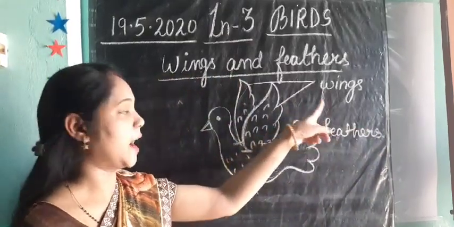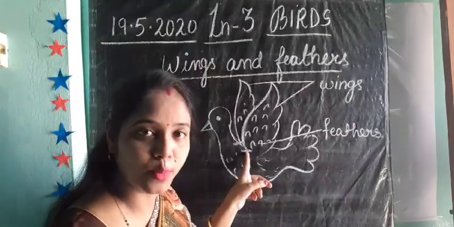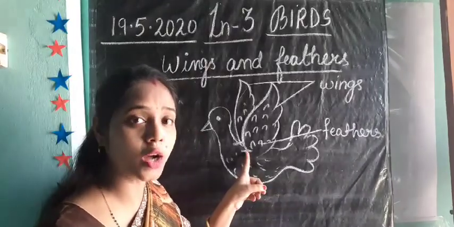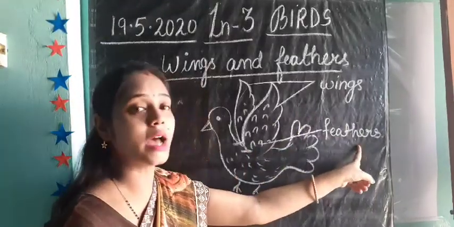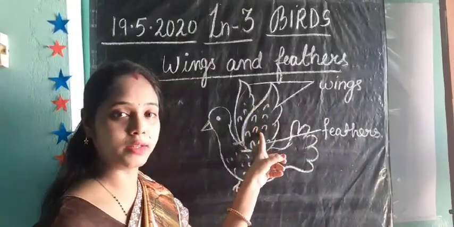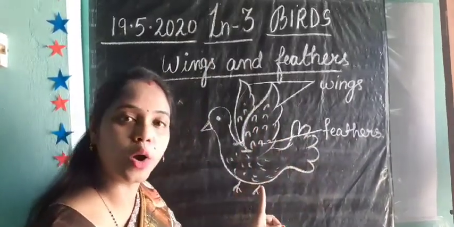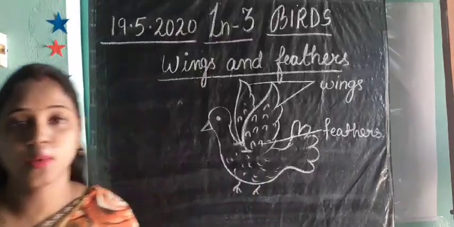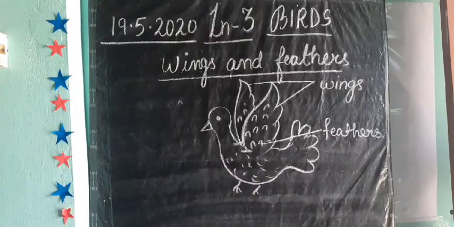Wings are attached with the bird's body with strong muscles, and feathers are attached on the wings, on the tail, on the body. You can see the full picture once again. Wings are attached with strong muscles, and they are 2 in number, or 1 pair of wings, and feathers are attached on the wings.